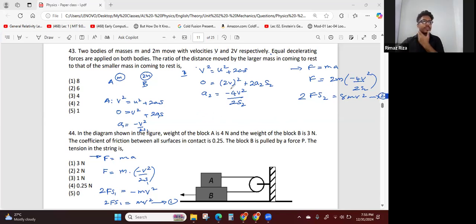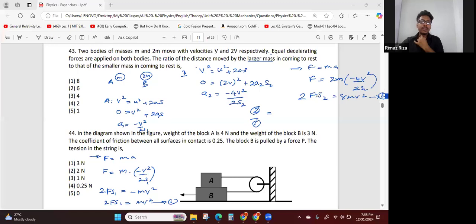We want the ratio of the distance of the larger mass to the smaller mass. The larger mass means B. Therefore, I have to take equation 2 divided by 1.